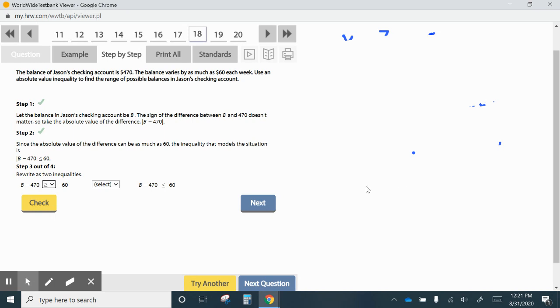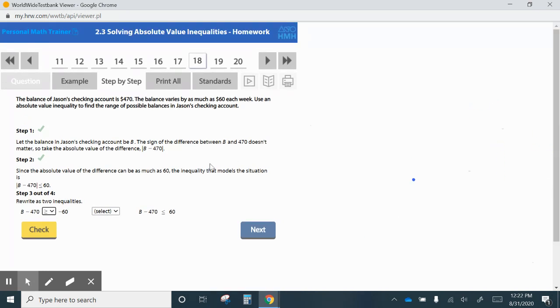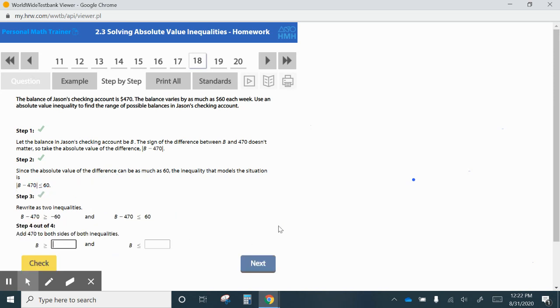Now let's go back to the original problem. It says less than. So less than, this inequality right there tells us that it's an and statement. Add 470 to both sides. So negative 60 plus 470 is 410.